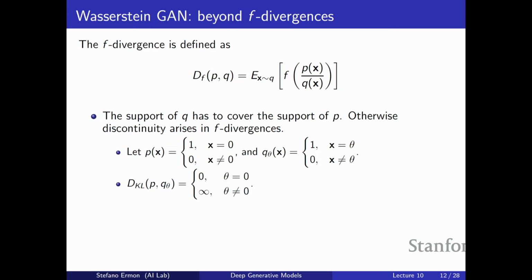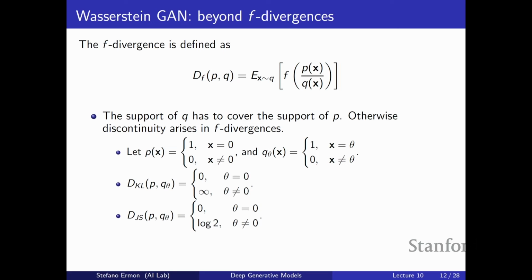So if you're trying to train this generative adversarial network by optimizing theta to reduce the KL divergence, you're not going to get any signal until you hit the exact right value. And if you look at the Jensen-Shannon divergence, you have a similar problem: it's 0 if you have the right value, and a constant when you have the wrong value.